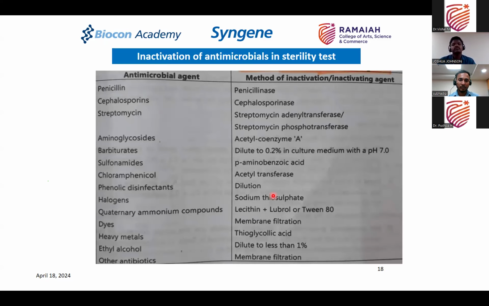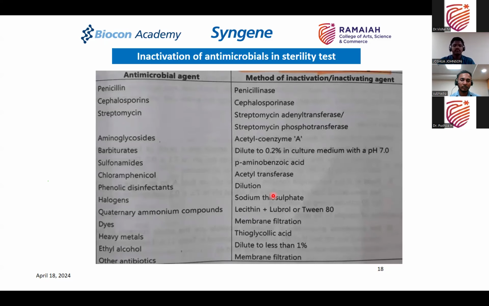Since it itself is an antibiotic, it inhibits the growth of certain bacteria. So for penicillin, which we want to test for sterility, we can add penicillinase into that particular media. It inactivates the penicillin, and we can see whether the bacteria is growing or not in that media.